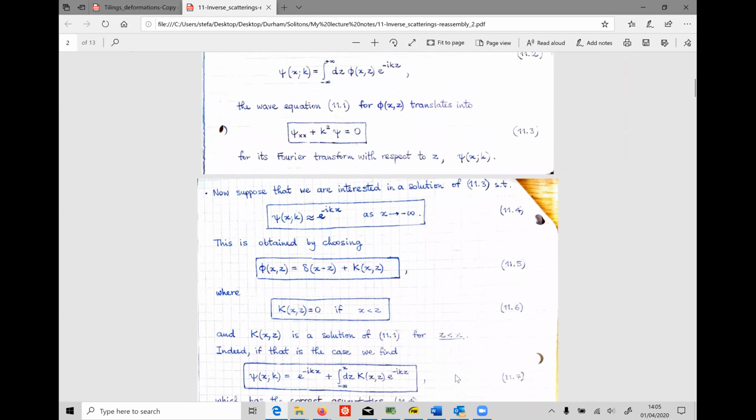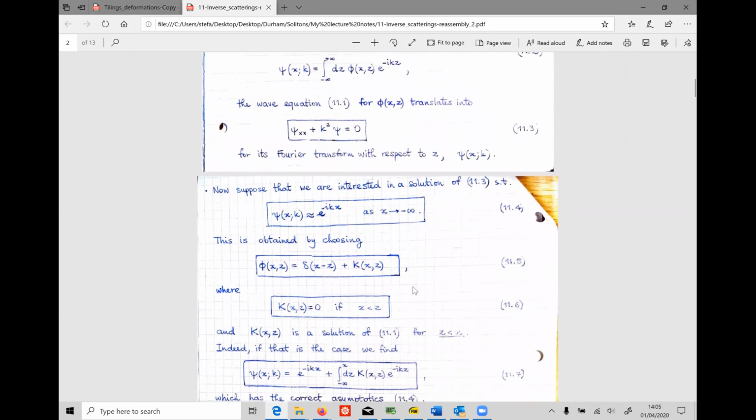It's easy to check that this is a solution of equation 11.3, essentially because exponential of minus ikx is a solution, and the integral is also a solution because we require that k is a solution of that equation.